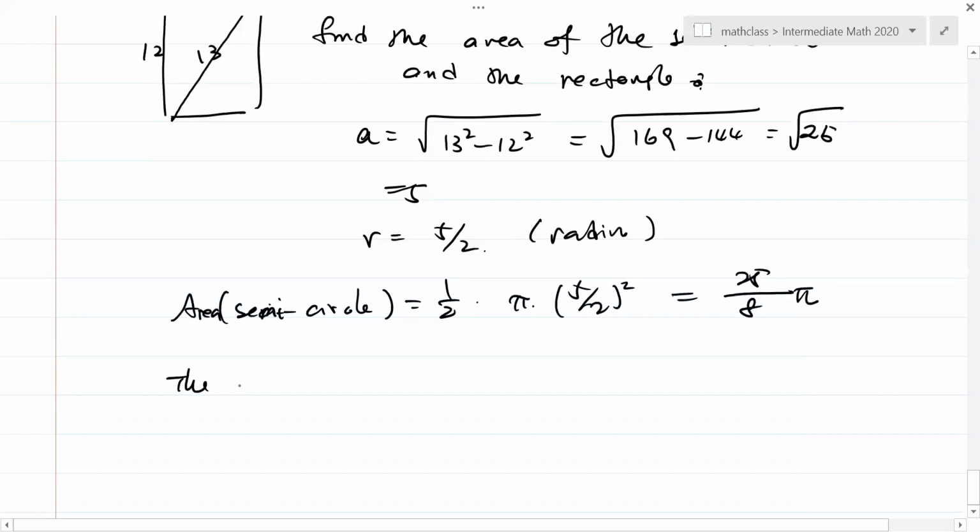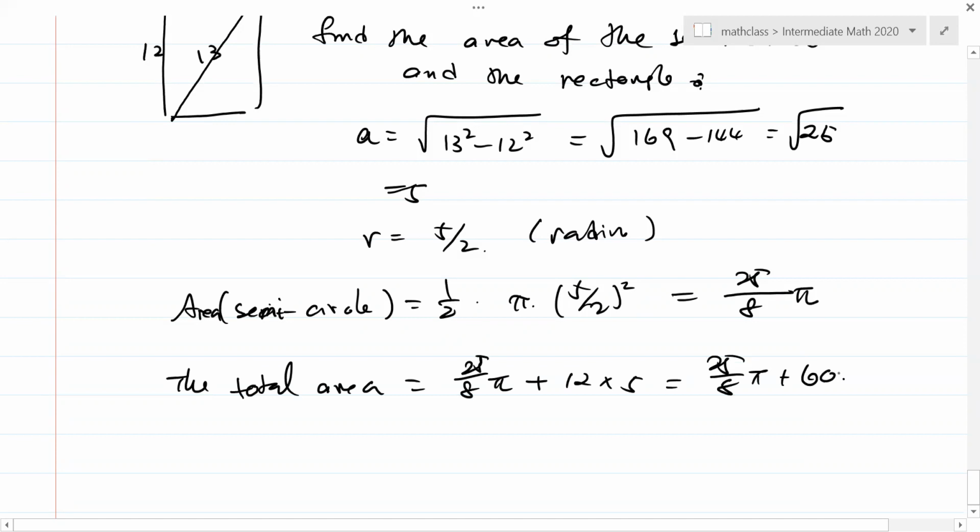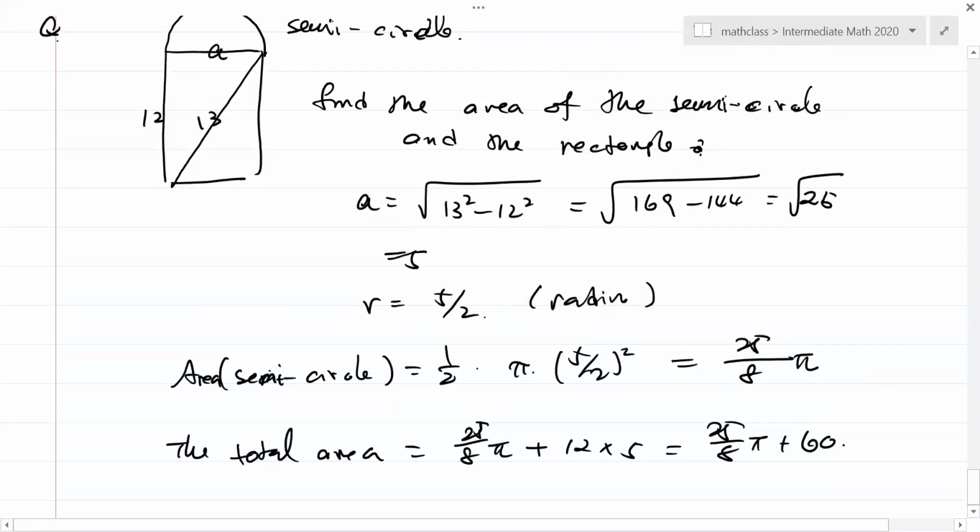Okay, so the total area is the area of the semicircle, 25 over 8 pi, plus 12 times 5, which is 60. I'm asking the total area: what is the area of the semicircle and the rectangle together? So we just add the areas together, right?